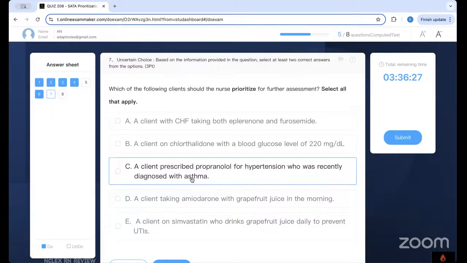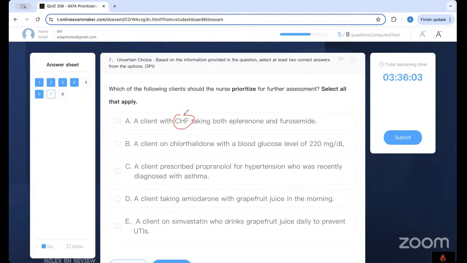Amiodarone on grapefruit juice and simvastatin, and you drink grapefruit juice daily to prevent UTI. What do you think? This is another one that I put together to trap you, but if you understand it, trust me, if you see these medications here, you don't forget them.